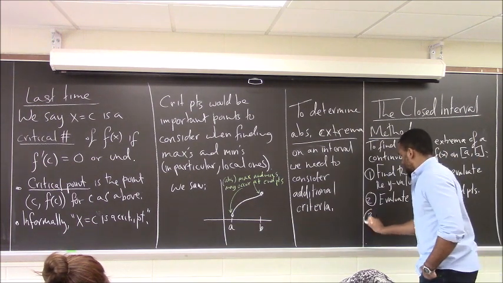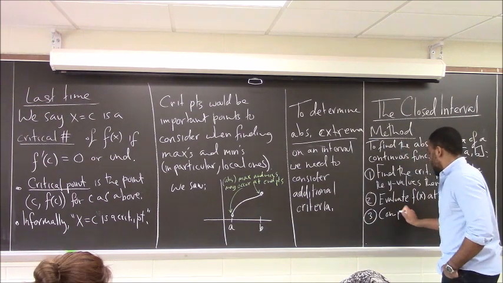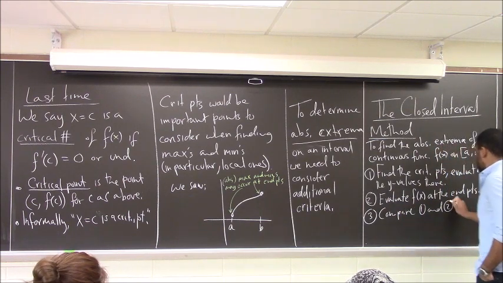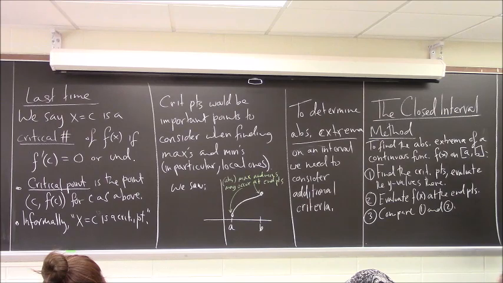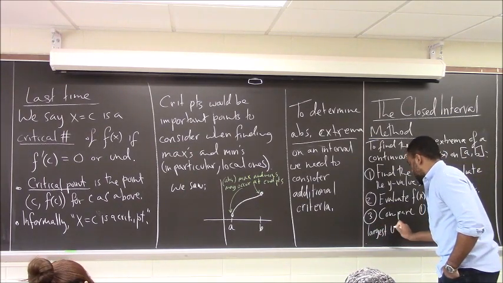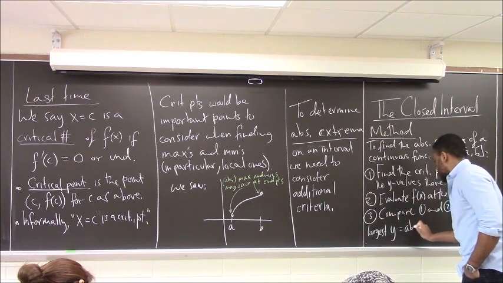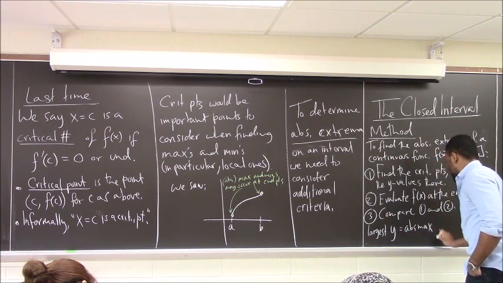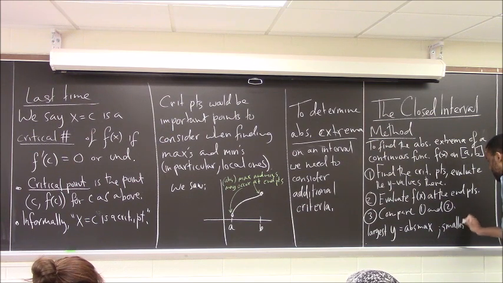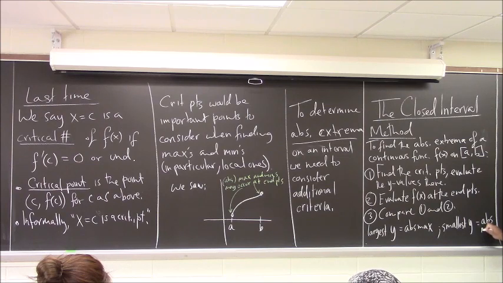And the third step is to compare 1 and 2: the largest y value is going to be your absolute max, and the smallest y value will be your absolute minimum. This is called the closed interval method.